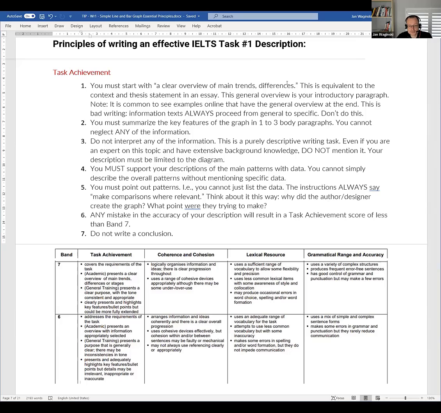In writing task 2, your next sentence is your opinion. It's your position on the topic, your thesis statement. There's no thesis in writing task 1 because it's not an argument. All you're doing is giving a general overview of the trends in the graph that you're going to describe in detail in the body paragraphs.